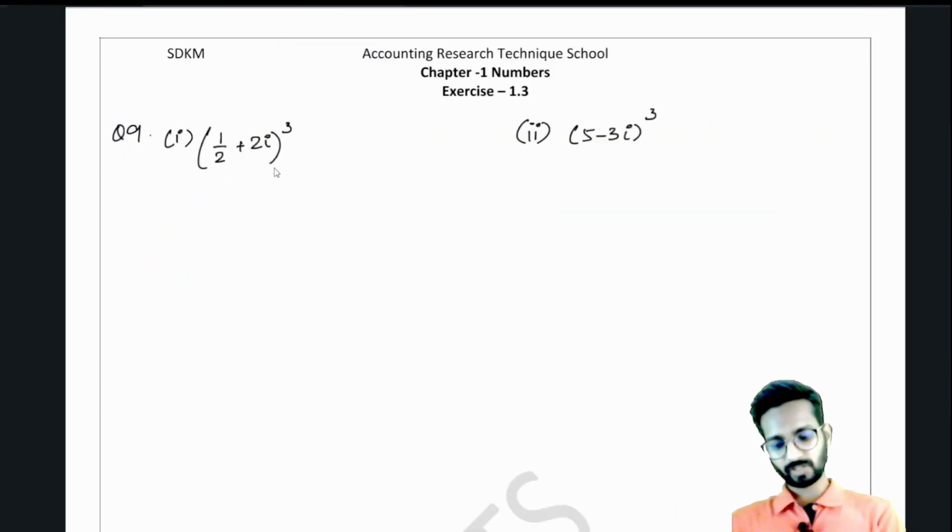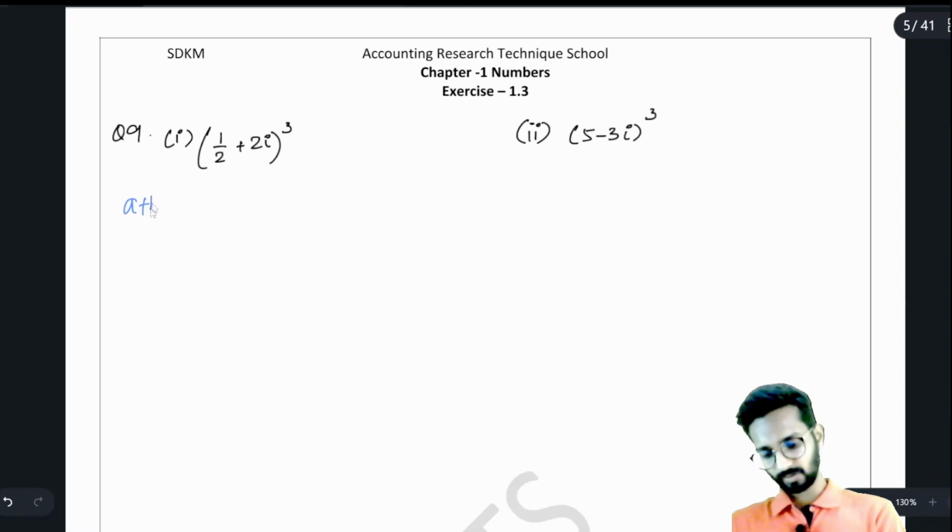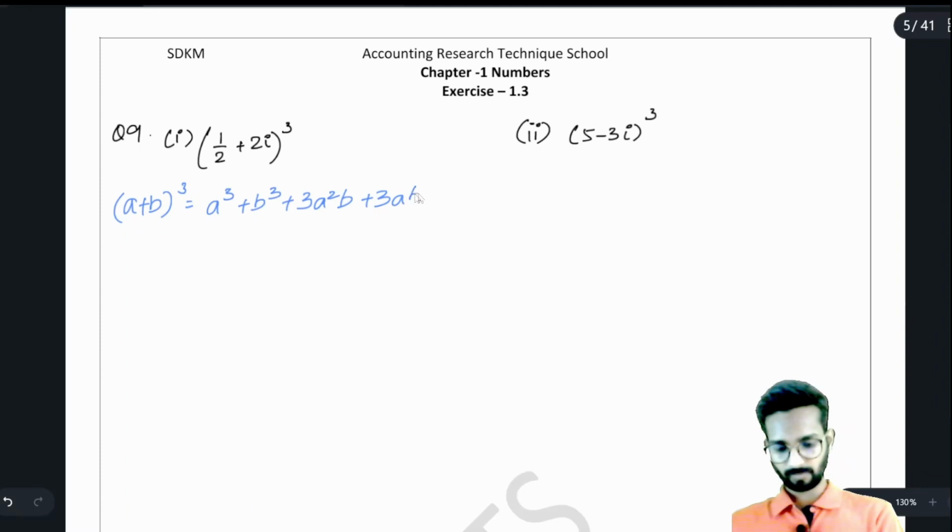It is given 1 by 2 plus 2i power 3. We can put here the identity. We know a plus b whole cube will become a cube plus b cube plus 3a square b plus 3ab square. Now solving this, we can first write a is 1 by 2 and b is 2i.